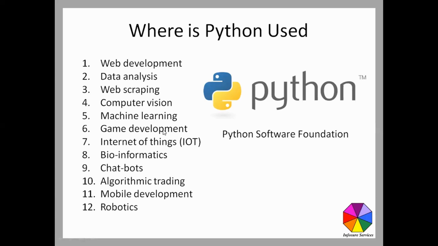These mechanical devices are sending data like pressure, temperature, wind speed, and all these things. So these machines are now connected to the internet.